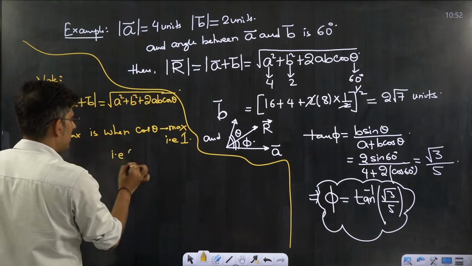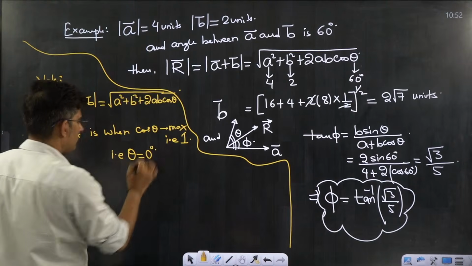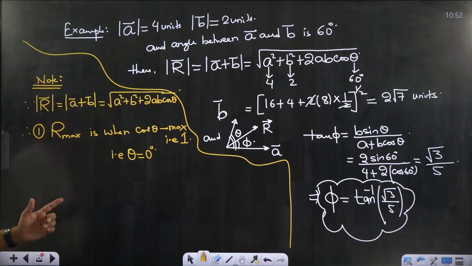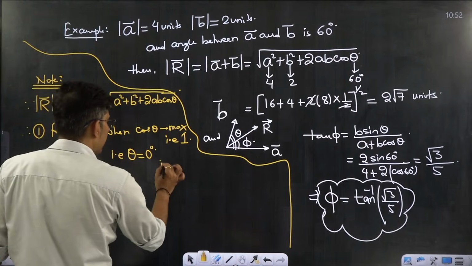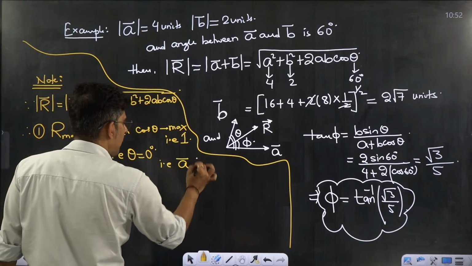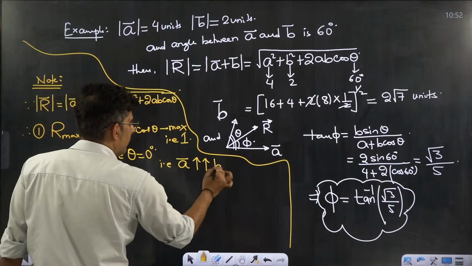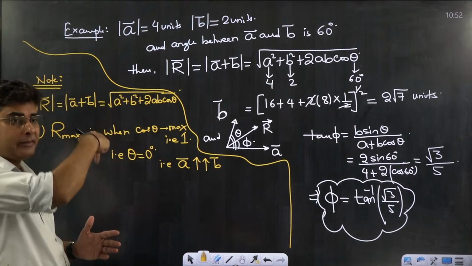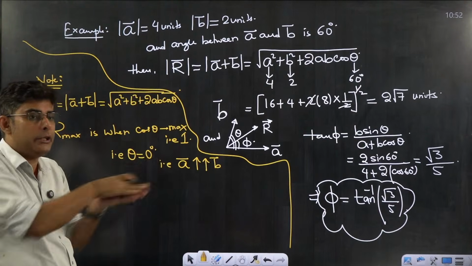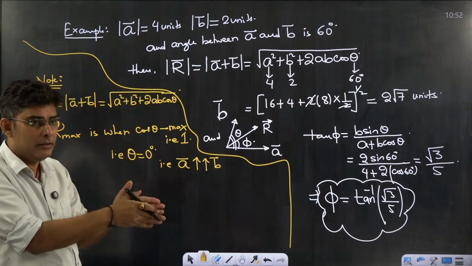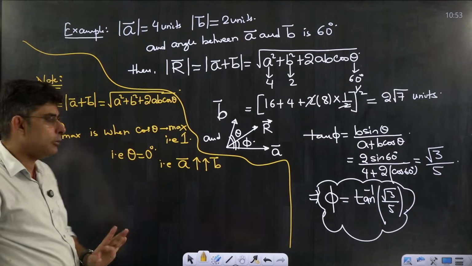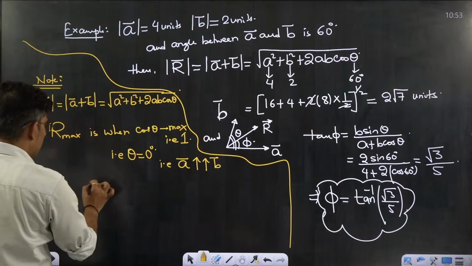That is theta is equal to 0 degree. So when theta is 0 degree, the vectors are in the same direction, parallel to each other. I took the first example in class today: 10 Newton, 10 Newton, 20 Newton force got added. They were in the same direction, theta is 0. So cos 0 will become 1.